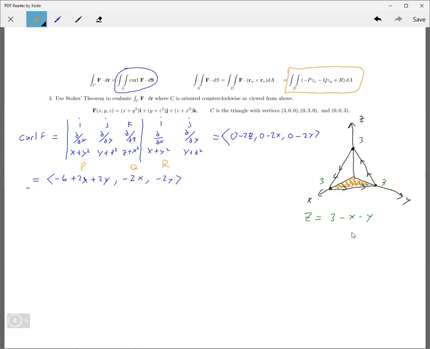Okay, and so that looks like, if it's the XY plane, this. This is y equals 3 minus x. So we're integrating over that region there. If we integrate in y first, what are the limits?